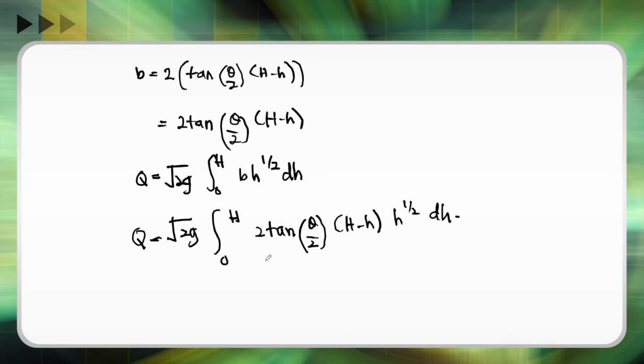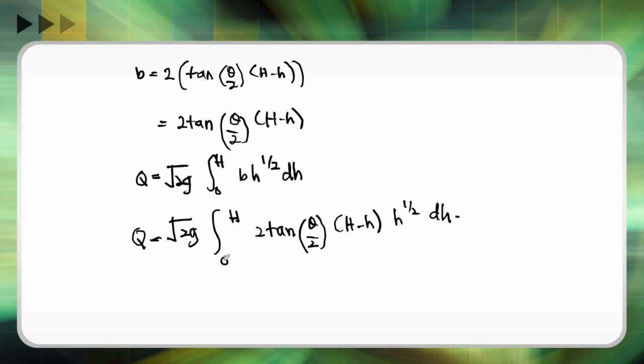So now we can move 2 tan theta over 2 to the outside of this integration, since it is not required for the integration. We only integrate with respect to dh, we do not integrate tan.